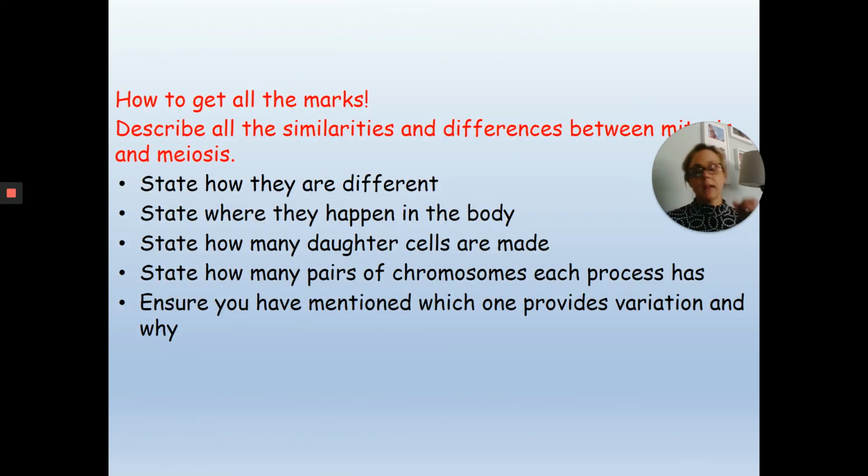So just to check, if you've written the 6-mark question, to get all of the marks from the question, you would need to state how the 2 forms of division are different, where they happen in the body, how many daughter cells are made, how many pairs of chromosomes each process results in, and make sure you describe which of the 2 forms of division increases variation and explain why that is.